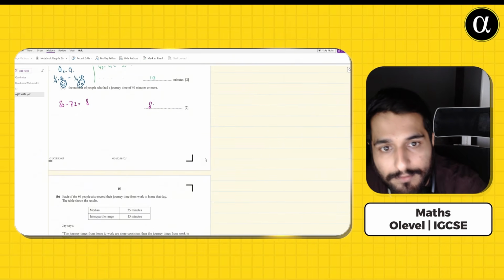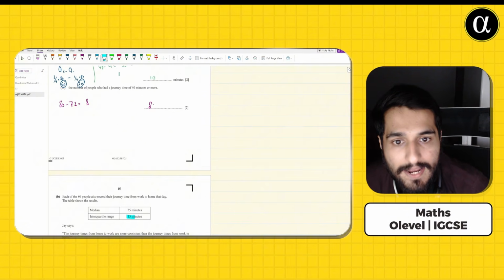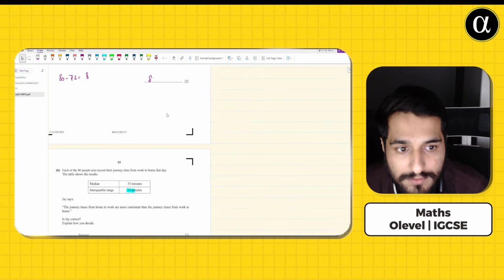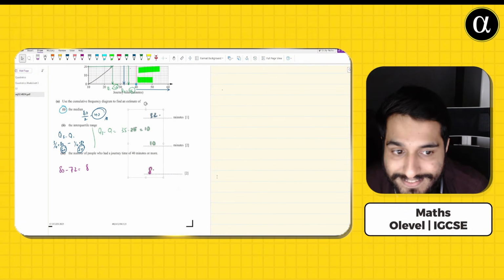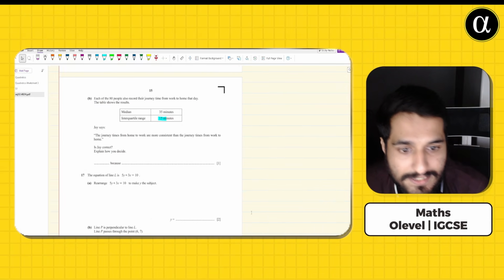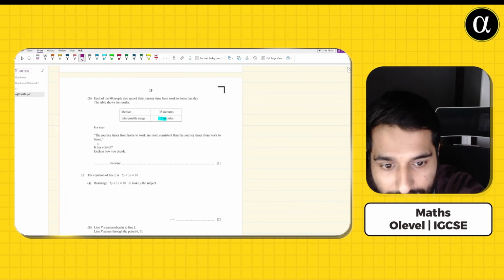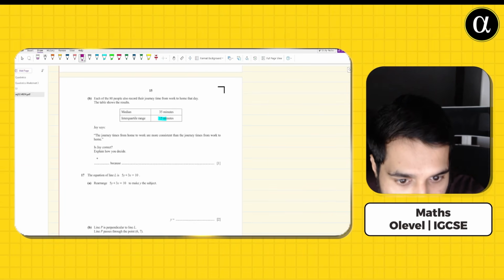So yes. How do we know that? Because if we have a look at this interquartile range, the interquartile range over here is 15, whereas the interquartile range over here was 10. So that means this data set is more consistent and is more close to each other, with fewer values being far from each other. So this means that yes, J is correct. Why?